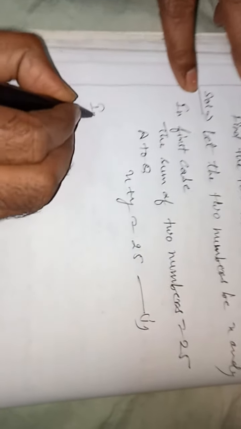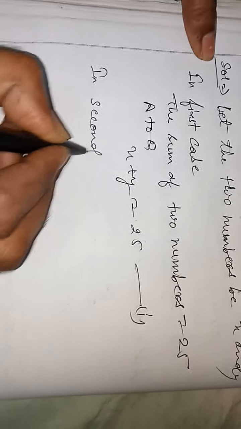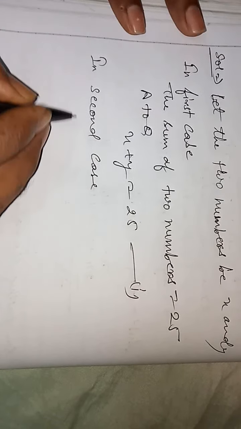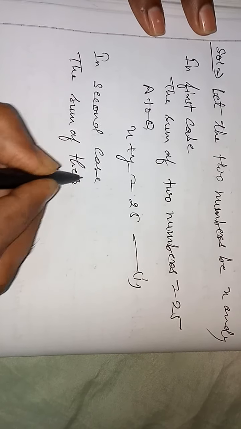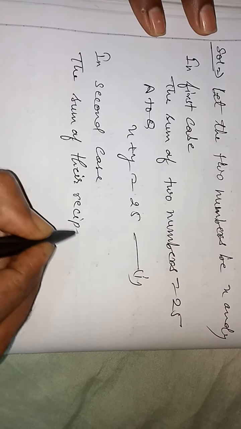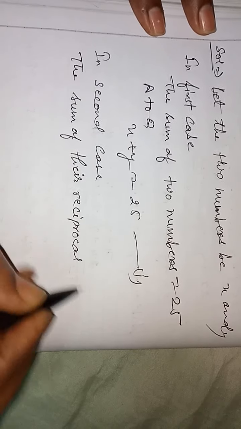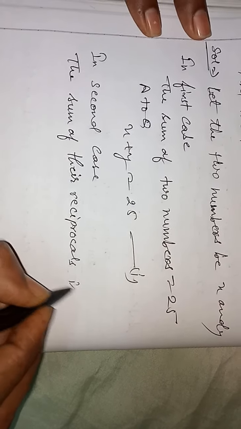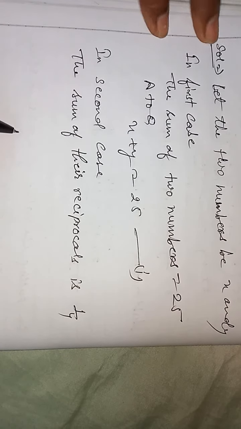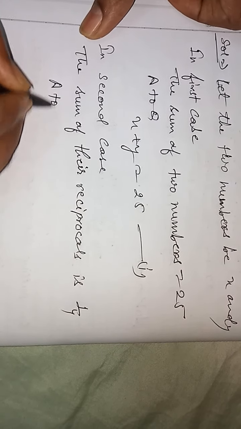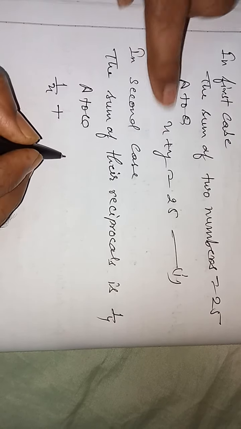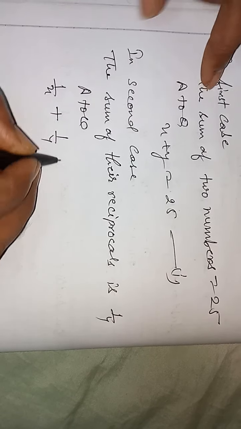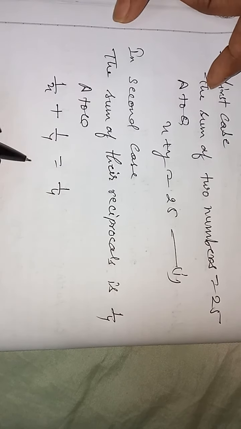In the second case, the sum of their reciprocals is 1/4. So according to the question, the reciprocal of x is 1/x and the reciprocal of y is 1/y, and 1/x + 1/y = 1/4.